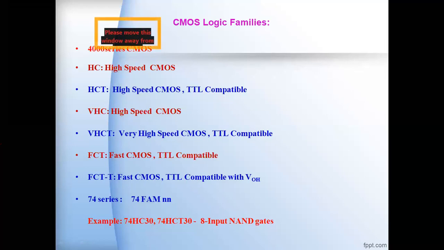And here the next one is CMOS logic families. What are the various CMOS logic families available? The first commercial CMOS logic family is the 4000 series. This was the first CMOS series, and it offers very low power dissipation, but it is a very slow device compared to the TTL.